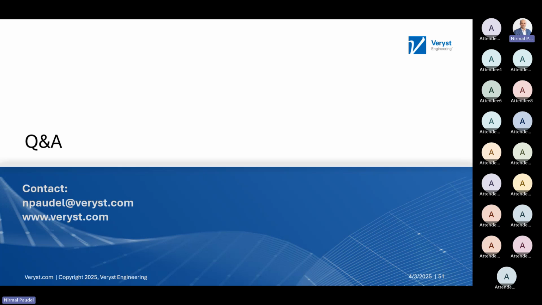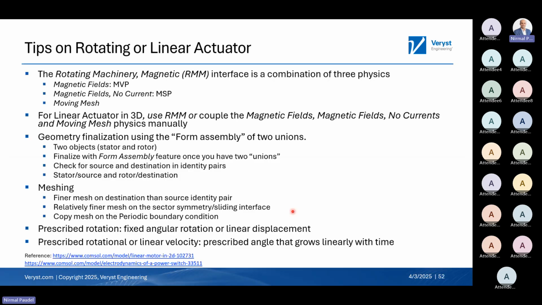The other question is, how do you model the motion in 3D? So the magnetic field physics supports only the kind of displacement that I did in the power switch model.